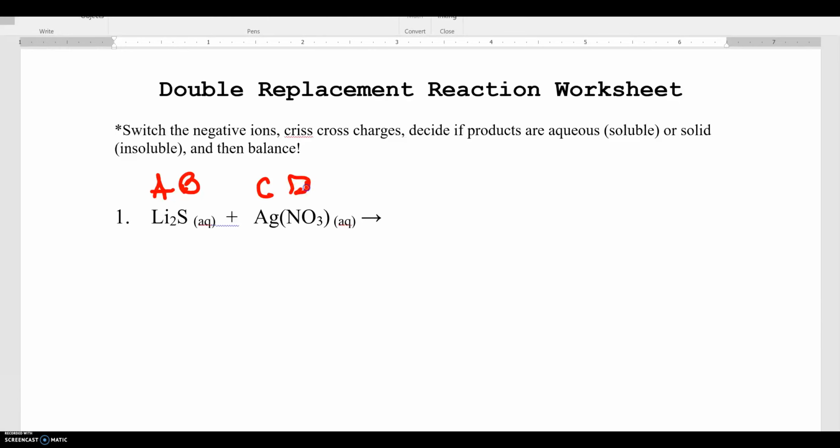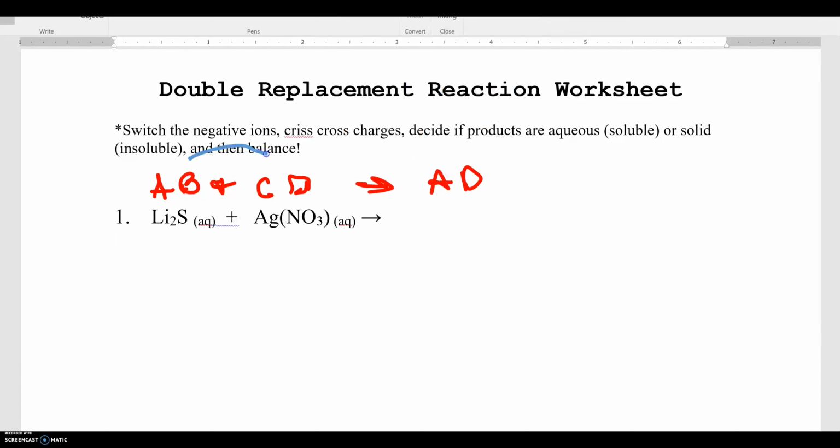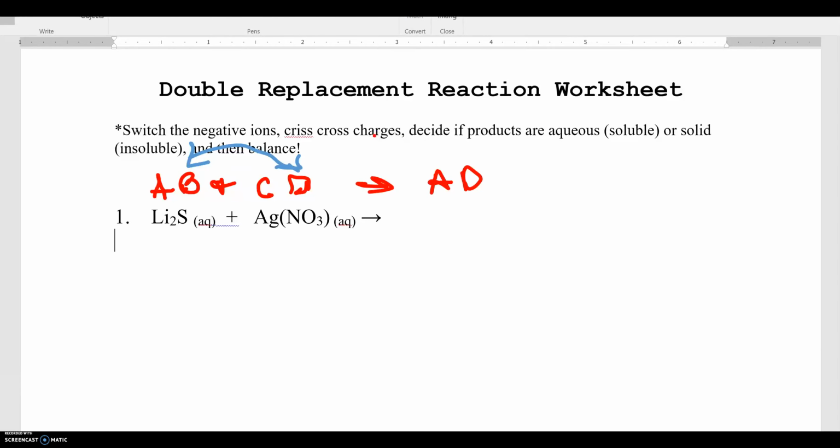And then we saw with the other part, AB plus CD yields AD plus CB, because we're switching the second components. So that's our products.